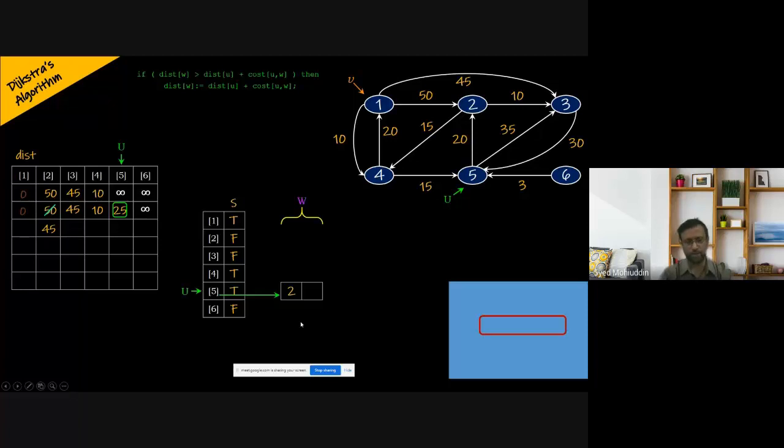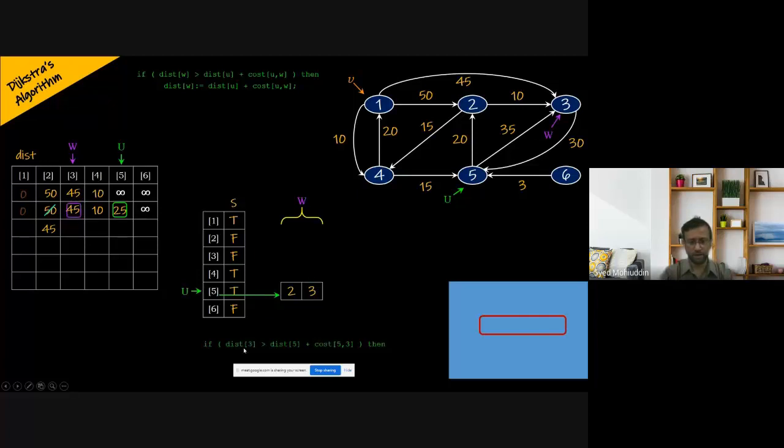What about the rest of the edges? We again have to compute, because we did only till 2. Vertex 5 also has an edge with vertex 3. So we will now consider W as vertex 3 and compute the distance.